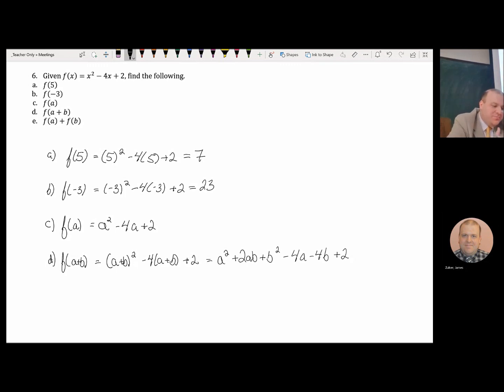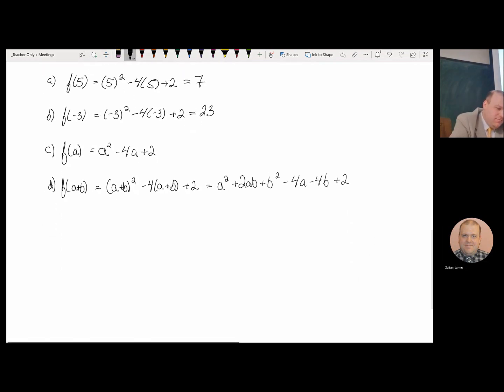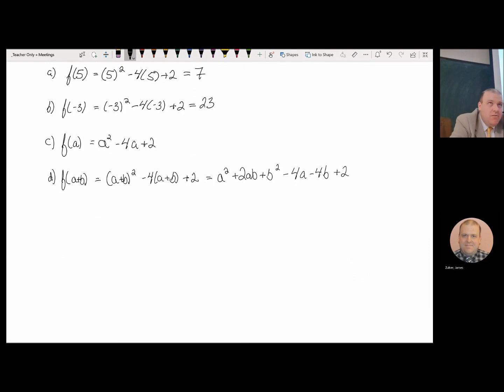You could try and move things around. Don't have to, it's not necessary. It's just based on aesthetics at that point. Like one way would be if you're looking at just a general quadratic.